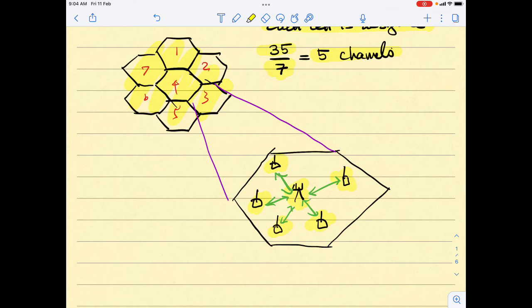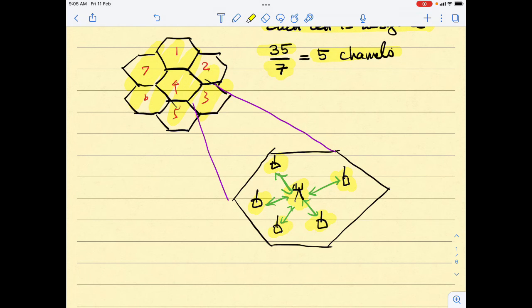We can do this pattern elsewhere, and that cluster will support 35 users. If we keep repeating this pattern all over the area, we're going to support more users, as you can see. If they're in a densely populated area, we can shrink the size of the cells, so we'll be able to support more users.